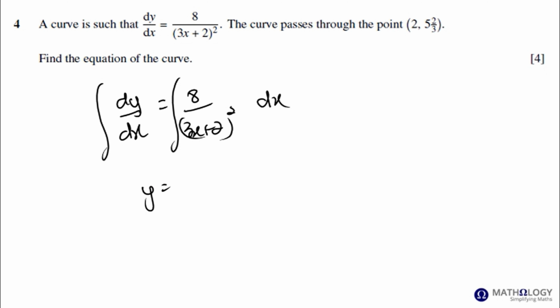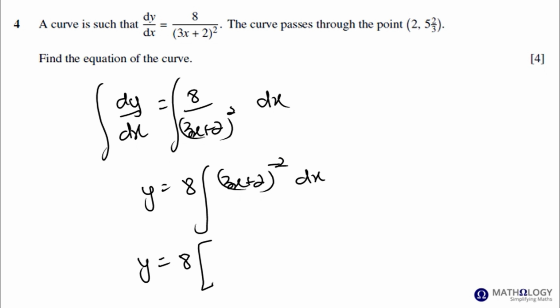So y equals, 8 is a constant, so we can just pull that out of the integration. That'll be 1 over (3x plus 2) all squared, which we're going to write as (3x plus 2) to the minus 2 dx. Now we can integrate. (3x plus 2) to the minus 2 will be (3x plus 2) to the minus 1 divided by minus 1.